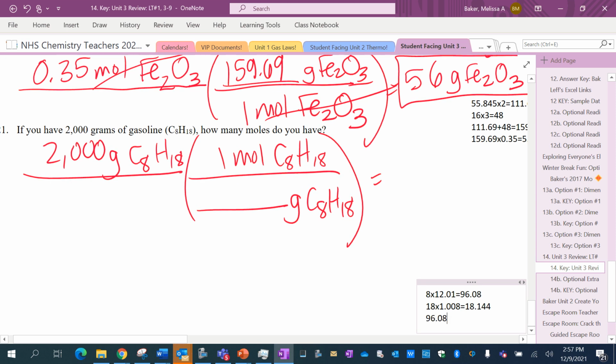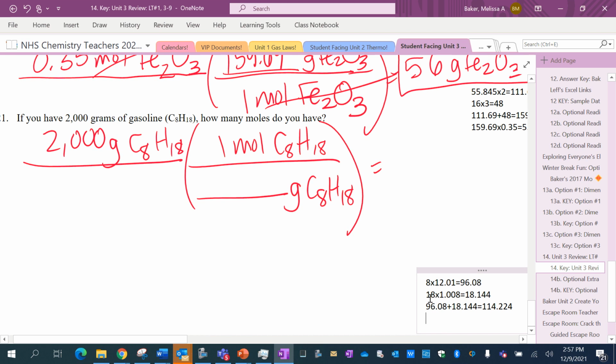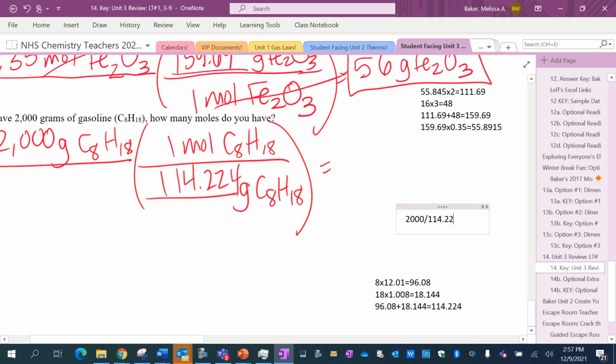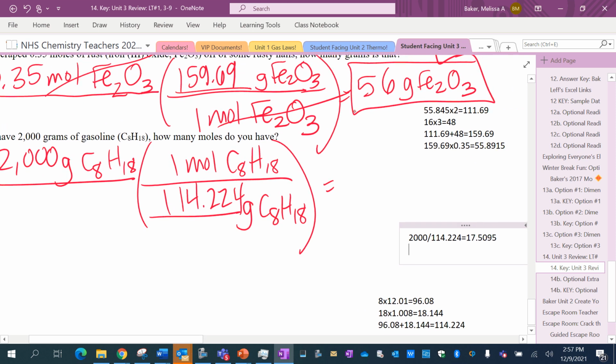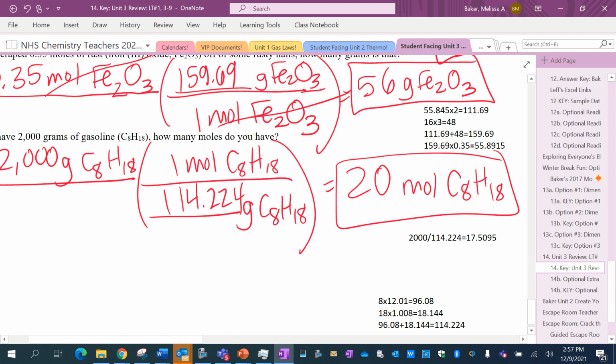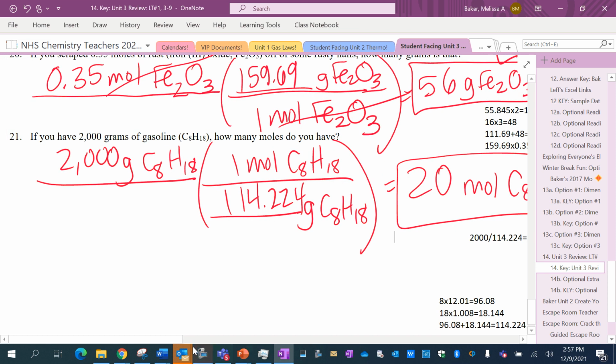Add that together, 96.08 plus 18.144, 114.224. Multiply across the top and divide by the bottom. This is 1 significant digit. Yikes, I guess it would be 20 moles C8H18. All right, there you go.